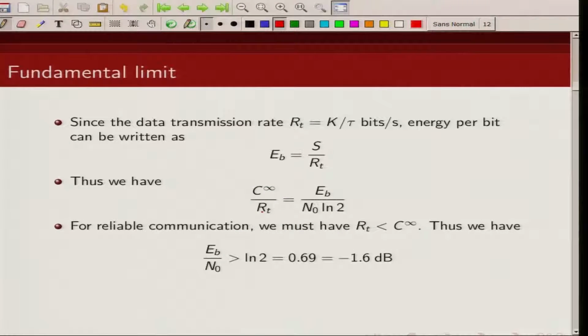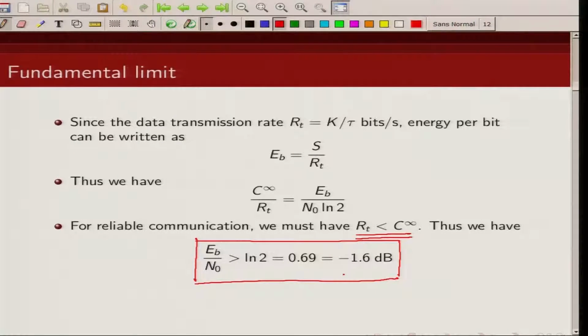If we want this to hold, we get this condition on energy per bit: SNR per information bit should be greater than minus 1.6 dB.